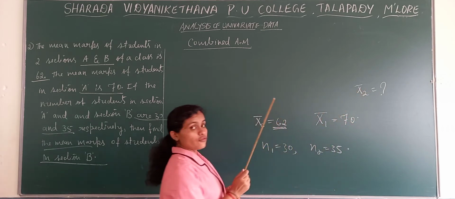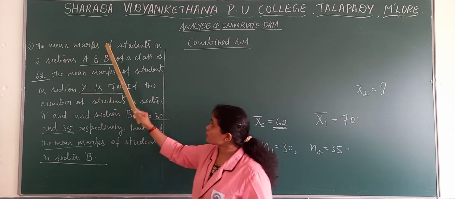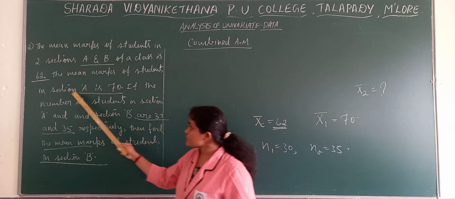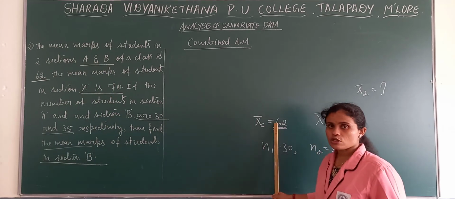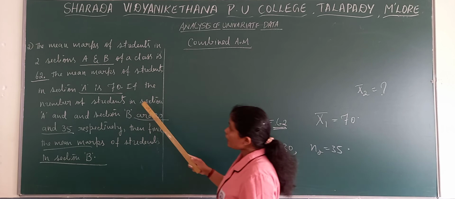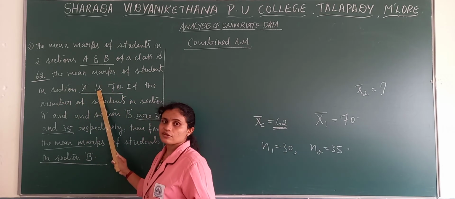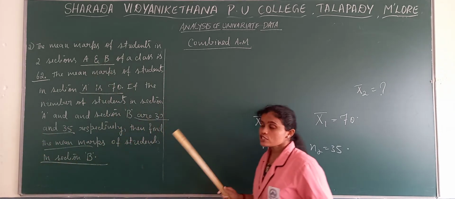See, in the first sentence they mentioned the mean marks of both the sections. Mean marks of students of 2 sections A and B of a class is 62. So this is nothing but the combined arithmetic mean, already given. The mean marks of section A is given, that is one particular section's mean marks, so it is x bar 1.